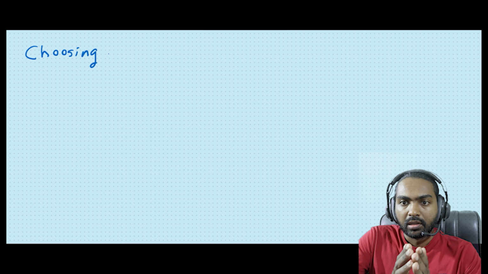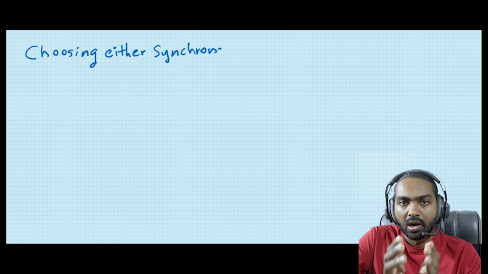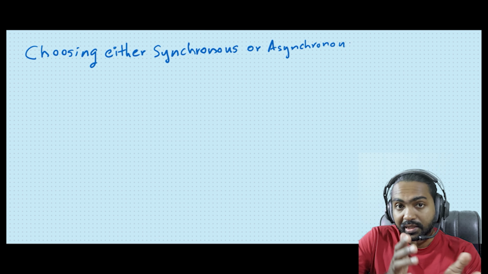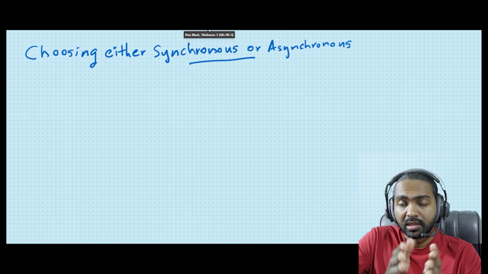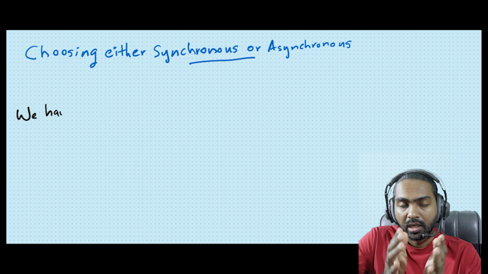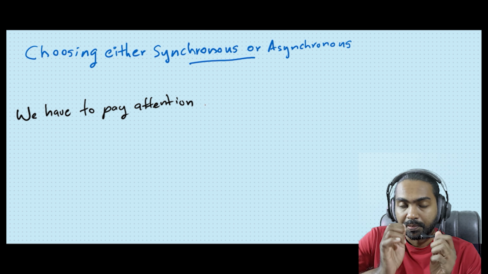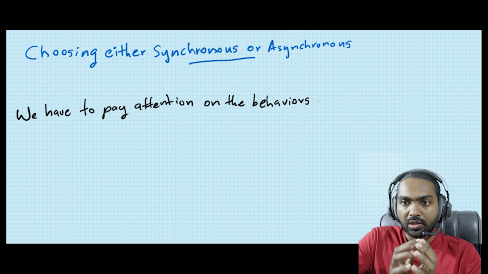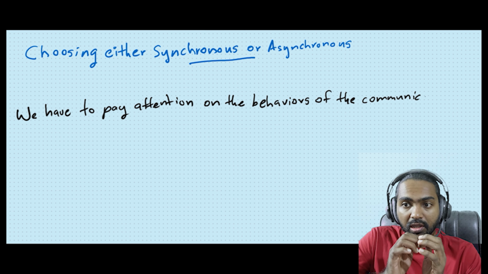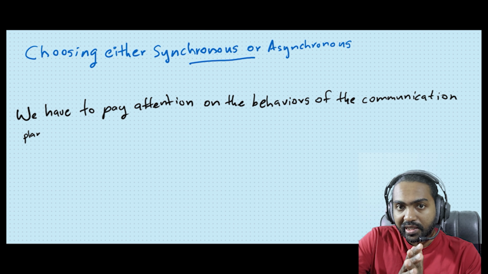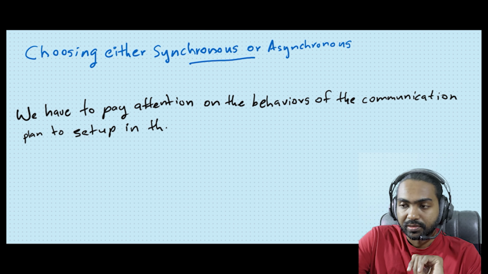Okay, let's move to the section of how to choose either synchronous or asynchronous communication in a solution. In order to do this, please pay some attention to some behaviors of your intended communication in your software solution.